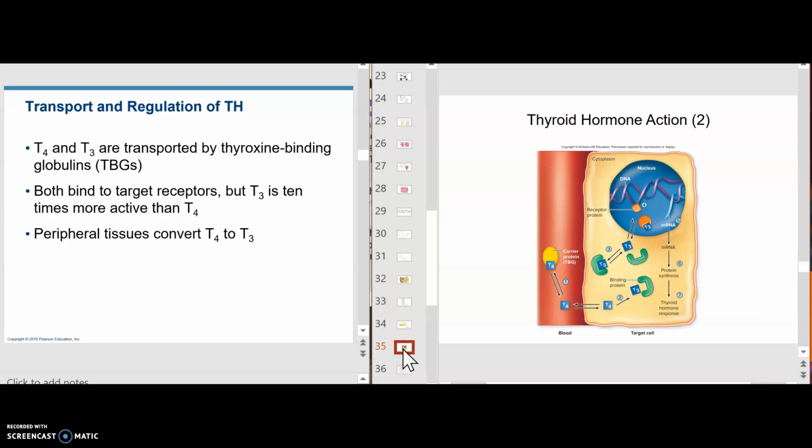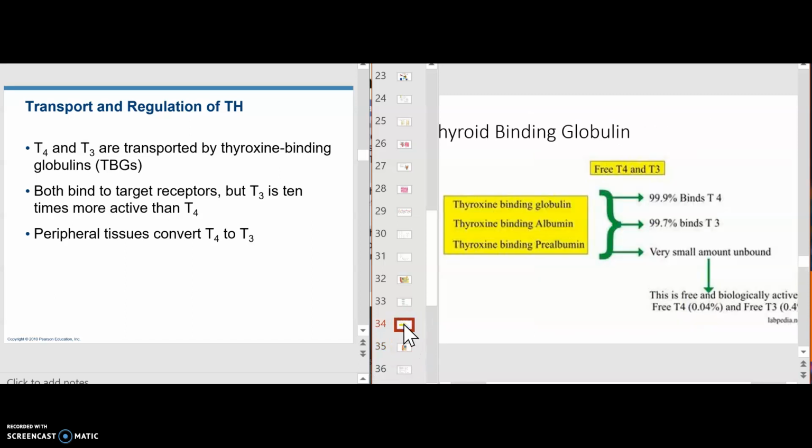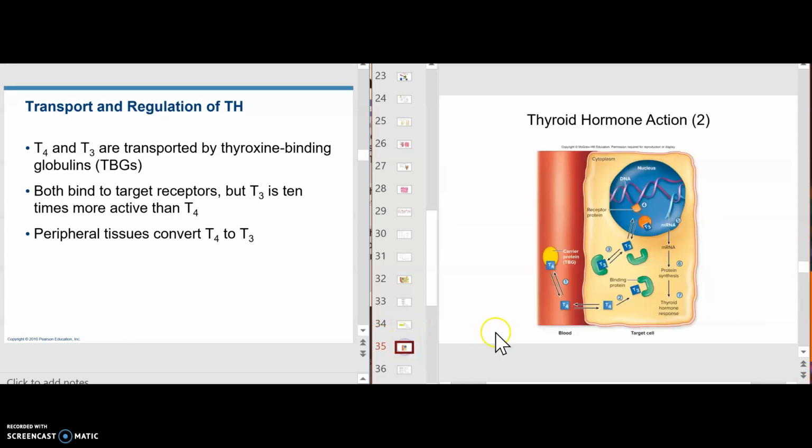Then when thyroid hormone gets to its target cell, which would have receptors, so let's say a target cell could be the bone or whatever, and here's T4 that's being carried. It would release and go into the cell. So T4 and T3 are transported by thyroid-binding proteins, which we just talked about.